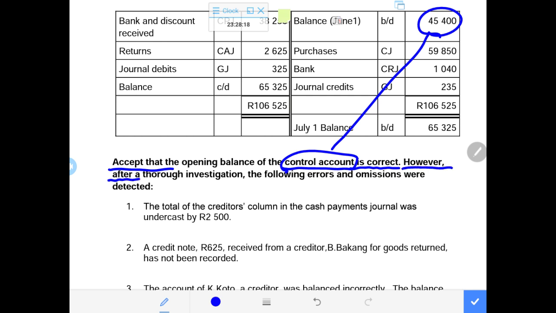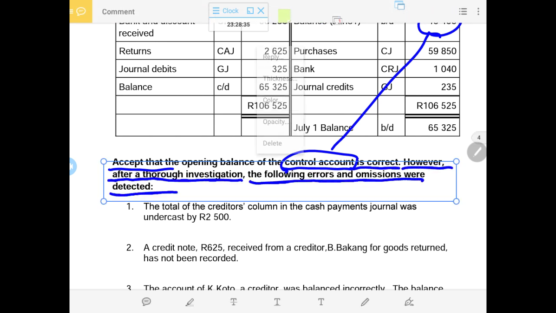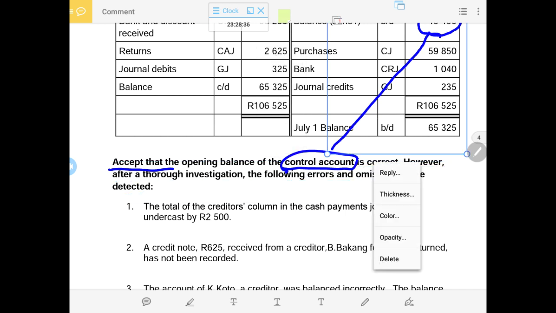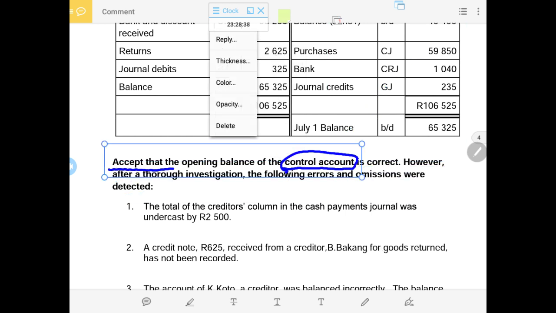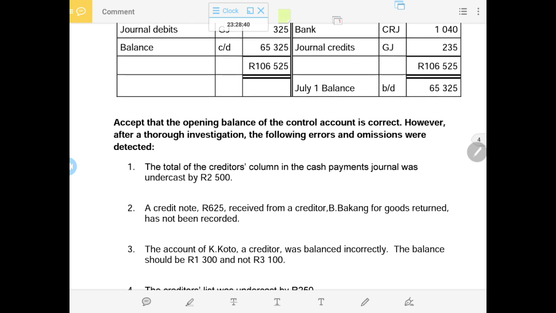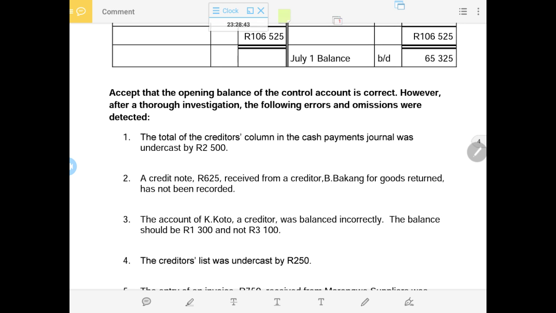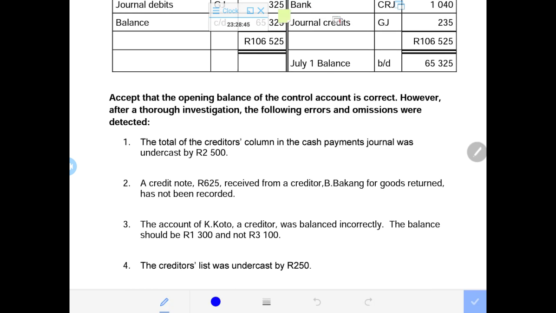However, after a thorough investigation, the following errors and omissions were detected. So now there are errors that were detected and omissions that were detected. Therefore, we need to correct errors and record the amounts that were not yet recorded. So let us analyze from transaction number 1 and see which one gets to be recorded where.